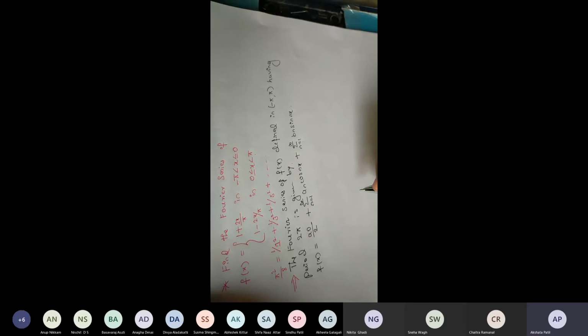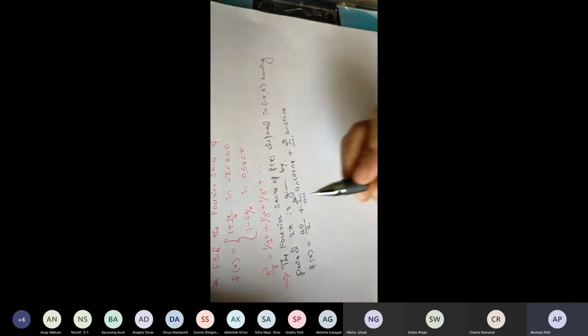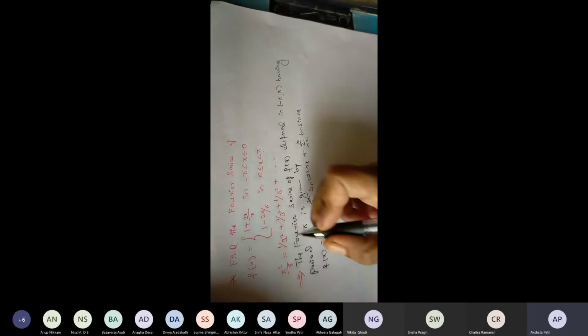Now here let us check whether the given function is even or odd. We know how to check even and odd function in the interval minus pi to pi. So here the first function, take it as phi of x.